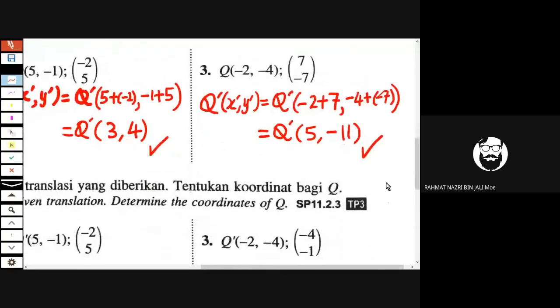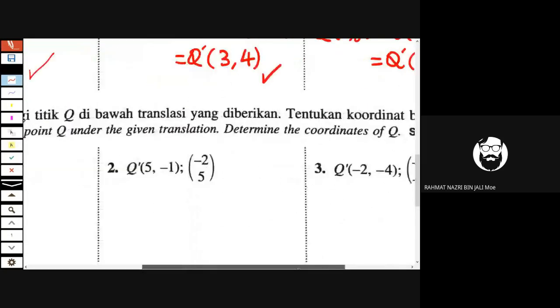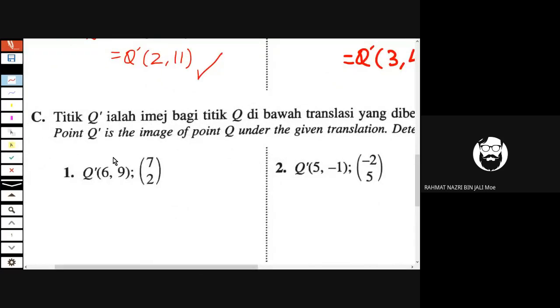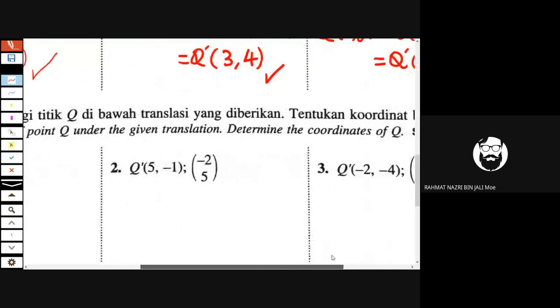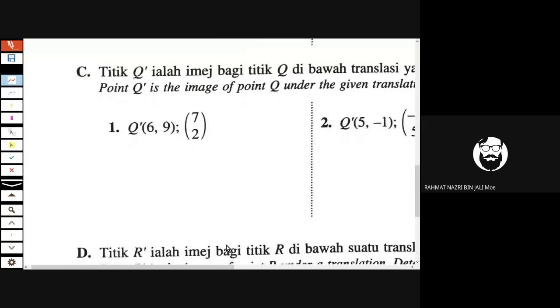Pukul 5 sudah. Jadi saya habiskan translation lagi ni ya. Okay, seterusnya, the point Q prime is the image of point Q under the given translation. Determine coordinate of Q. Okay, now we are looking for the object. So we're gonna apply the formula Q with the coordinate X, Y. This is the object. Dia tiada prime, cuma XY saja.